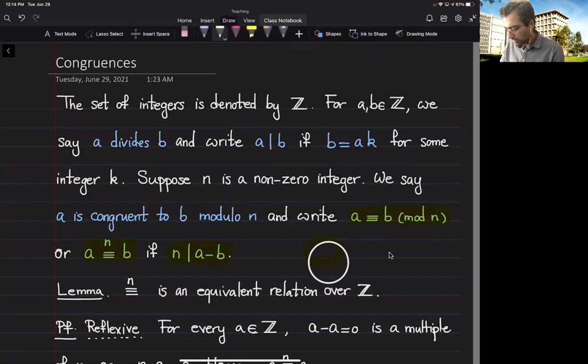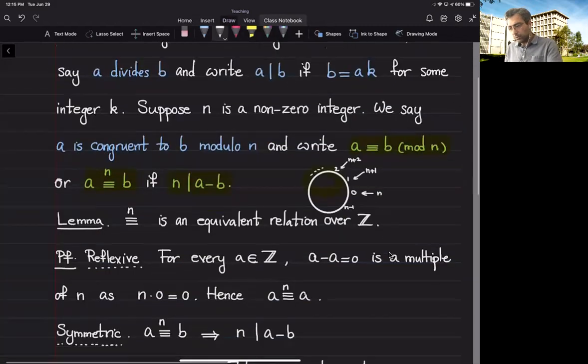So I start with 0, then go 1, then 2, and I reach n minus 1, and then n will be on top of 0, n plus 1 would be on top of 1, and I continue like this. As you can see, a would be congruent to b modulo n precisely when a and b are on top of each other on this circle.